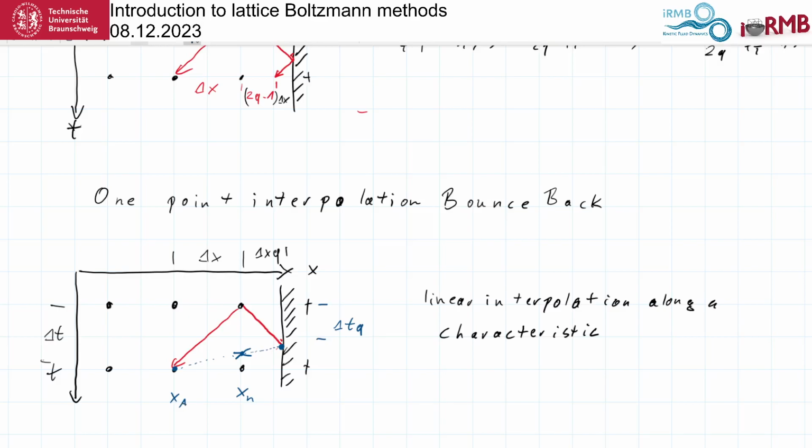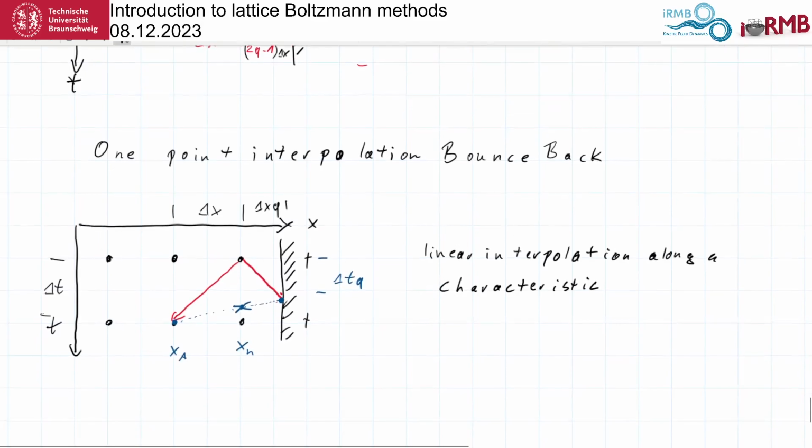Okay, let's go first to what is happening here on the boundary. Here we have f_i at x_bc, so this here is x_bc, the location of the boundary. Then we will arrive there at t plus q delta t, because now we are also interpolating in time.